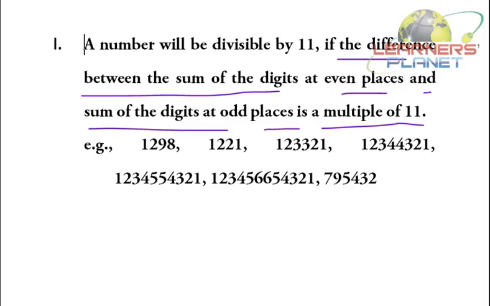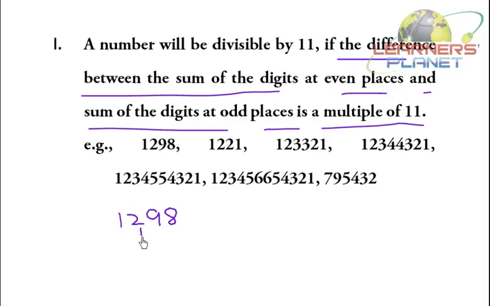Let's take the first example. It's 1298. Okay, we have 2 methods over here.